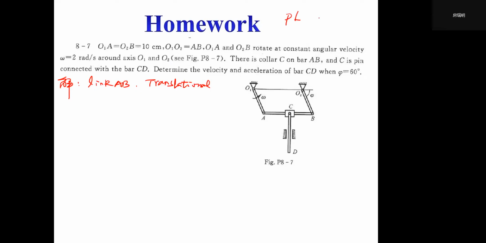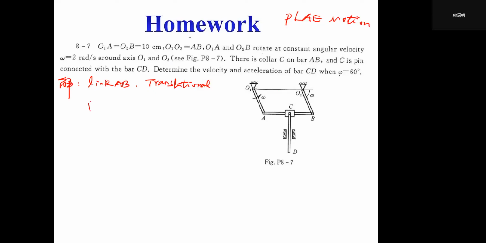So today we are going to continue to learn this plane motion. But because of these conditions, we know AB will always have translational movement. So that means we can use these two composition theorems.